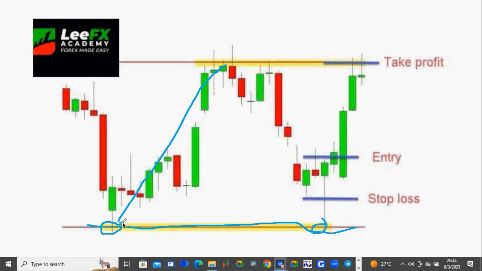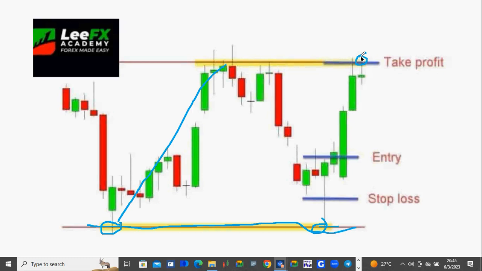So you were waiting for the price to come back to this same level. If you entered here to buy, you made a profit, you crossed somewhere there. Now you are waiting for the price to come back and hit the same support level. If you entered from here, you should put your take profit on top of resistance, because once the price reaches resistance, it will start coming back.